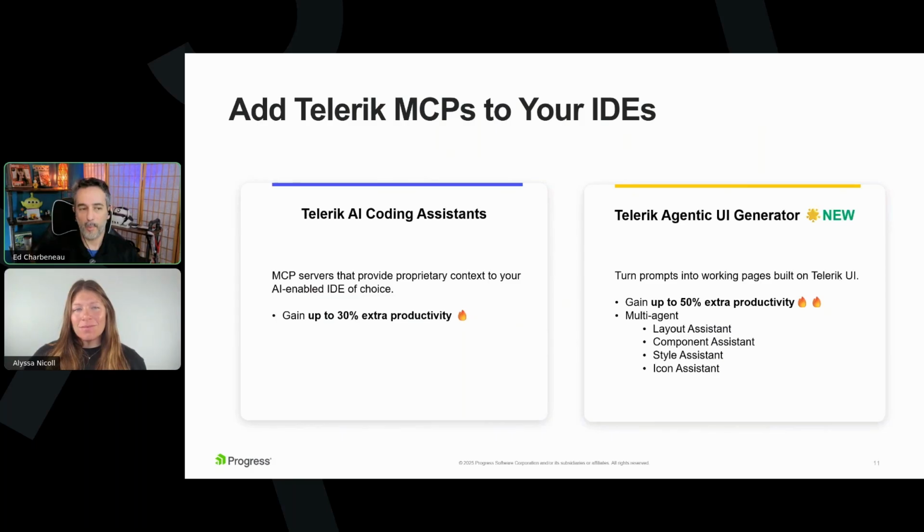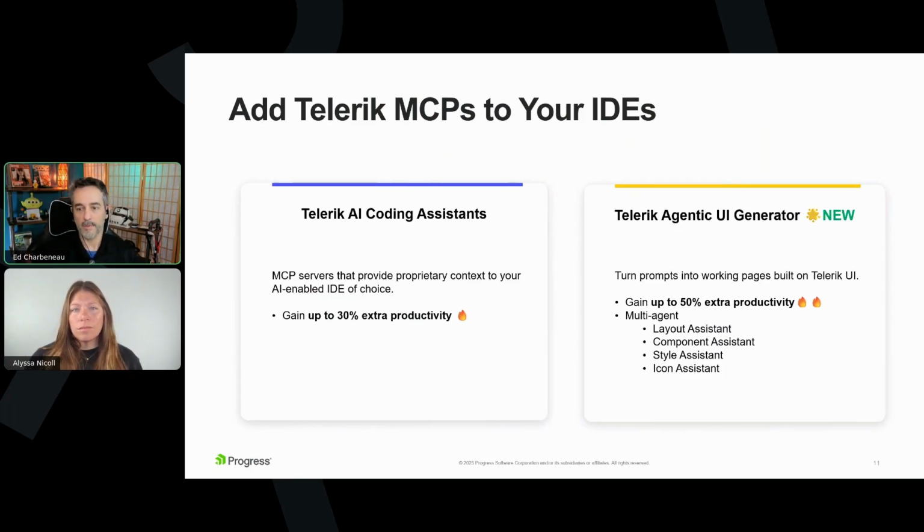We also have the brand new Telerik Agentic UI Generator. This is a brand new assistant that does a lot more in addition to the Telerik AI coding assistant, and that's because it brings some friends to the party. It's got additional assistants that it is able to call as its own tools. It's got a layout assistant, a component assistant, a styling assistant, and an icon assistant that it can delegate specific tasks to.